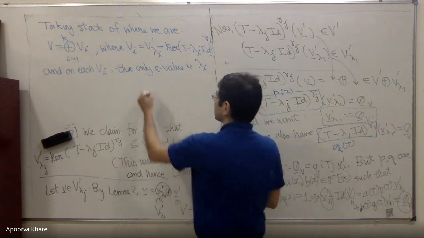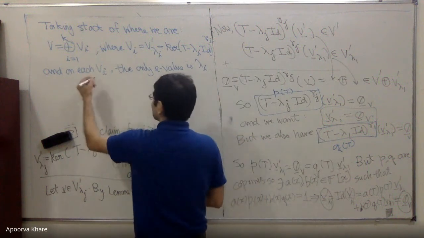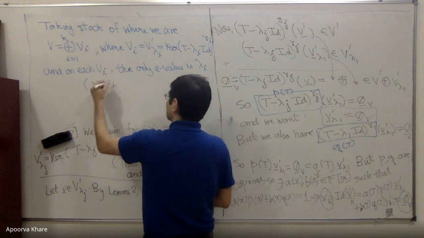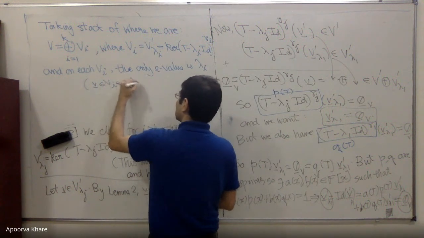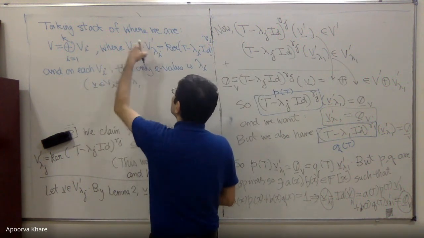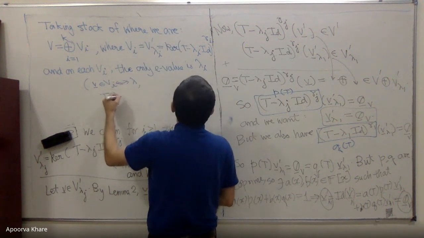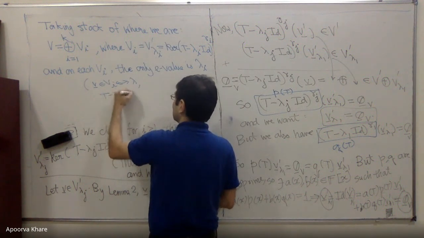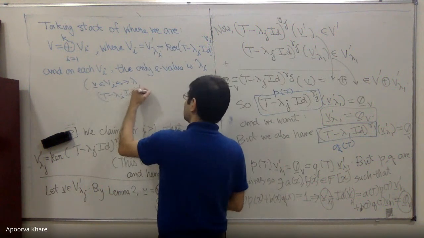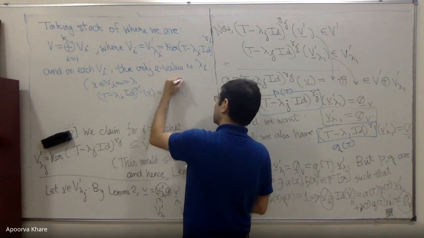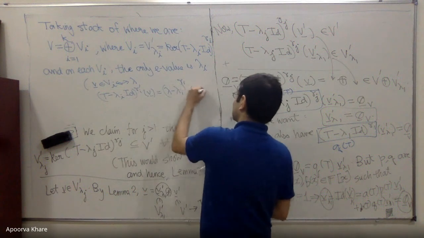By the above proof, it's the same thing. If v in V_i has eigenvalue lambda, then this gives you that (T minus lambda_i identity)^{r_i} times v is (lambda minus lambda_i)^{r_i} times v, and that is 0.